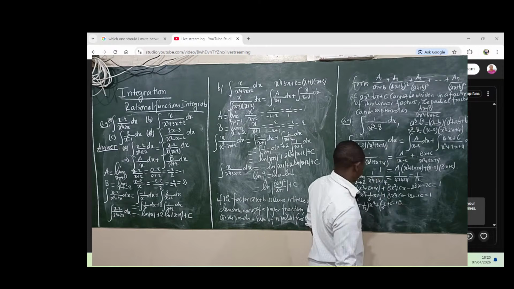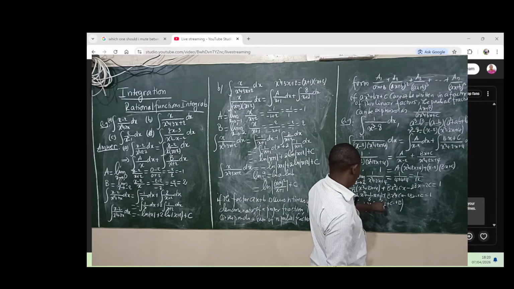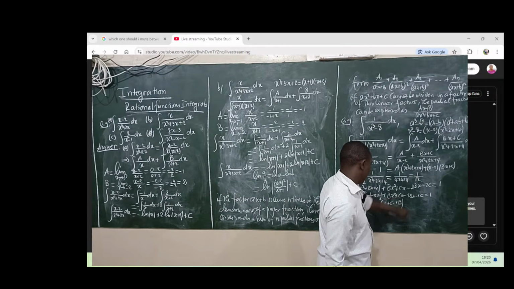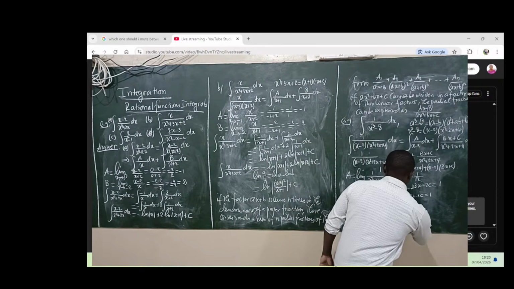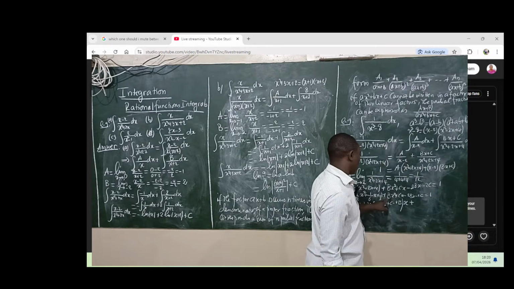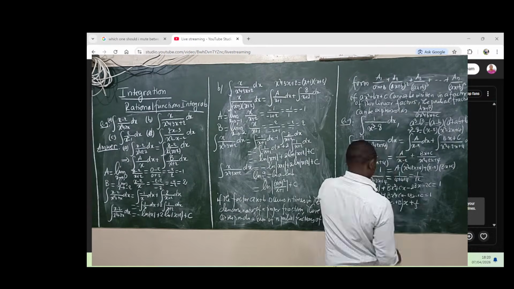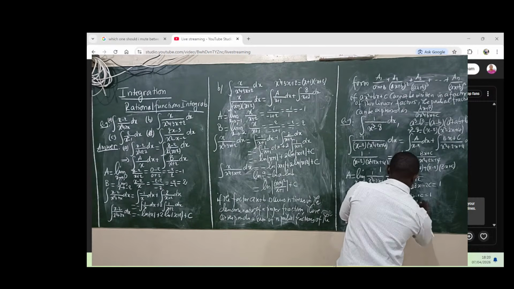Here is x, here x, here x. So add the terms independent of x. Here is 1 over 3 minus 2c. Okay? This is going to be 1.